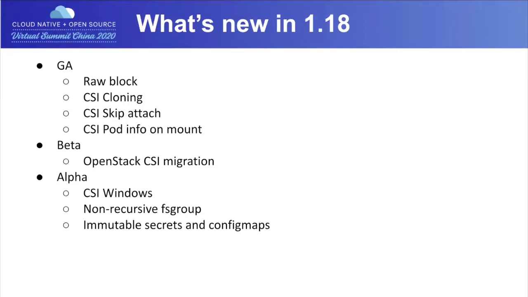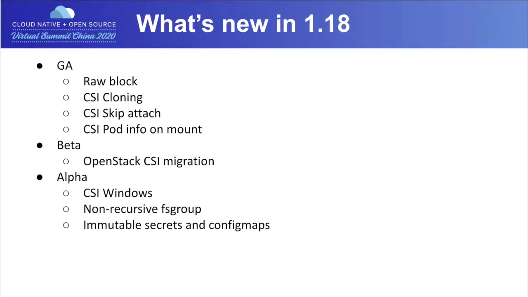So the main purpose of this feature is so that we can remove as many third-party dependencies from the core of Kubernetes as possible. This will bring a lot of security benefits and also help reduce the vendor size of the Kubernetes components themselves. The OpenStack implementation of this has gone to beta in 1.18.